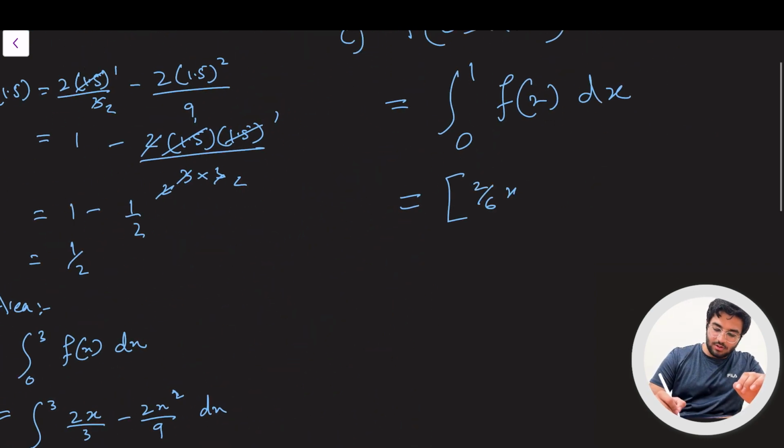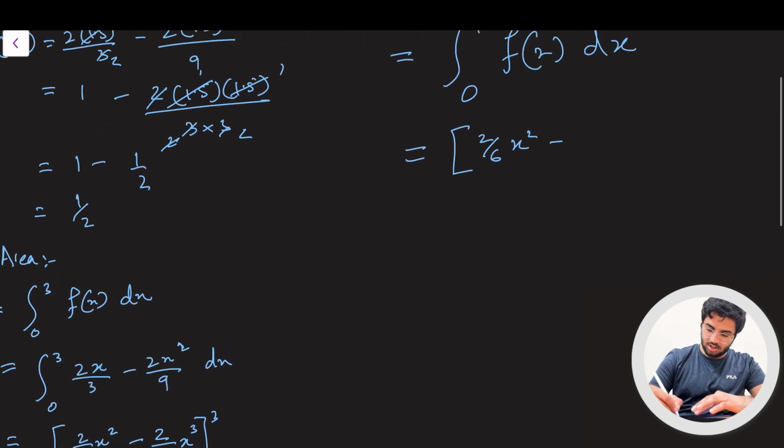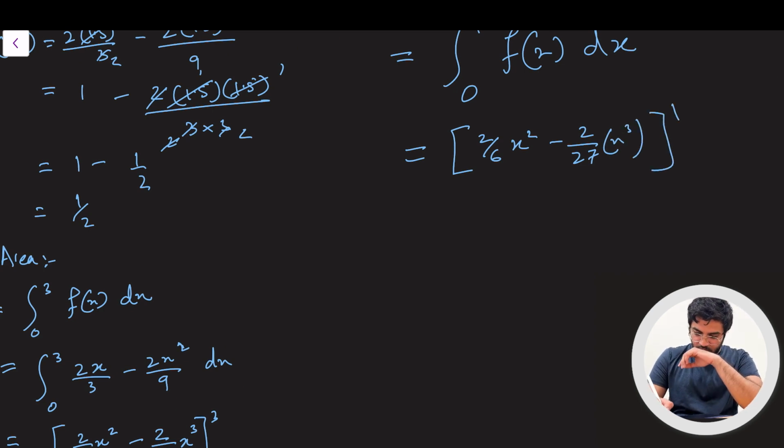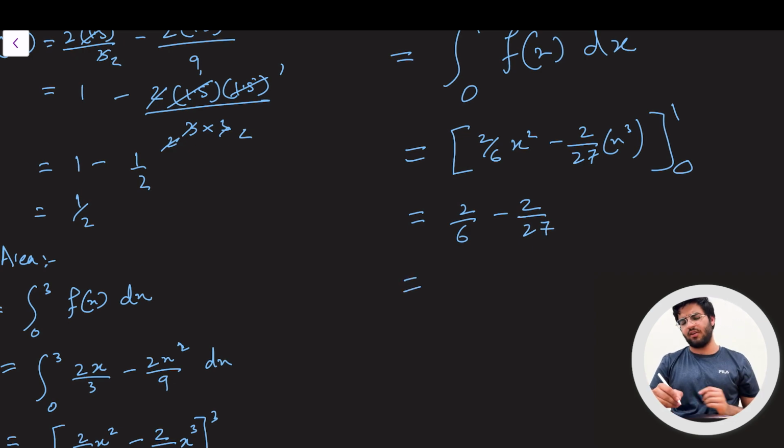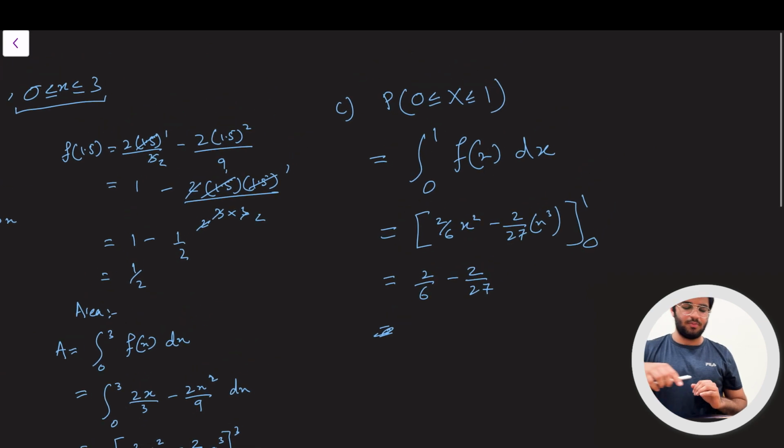We don't have to calculate it again. Take 2 over 27 x cubed. When you plug that in, you get 2 over 6, take 2 over 27. Whatever you get from that is your final probability.